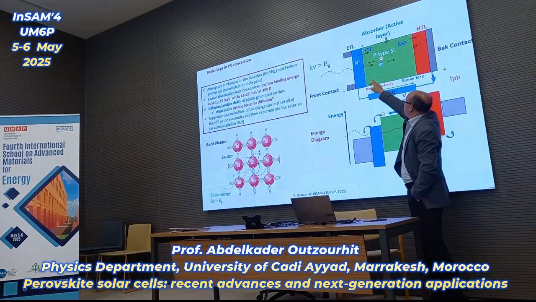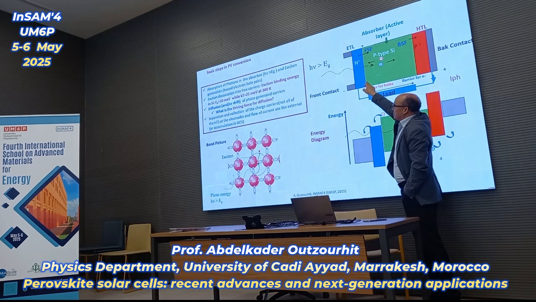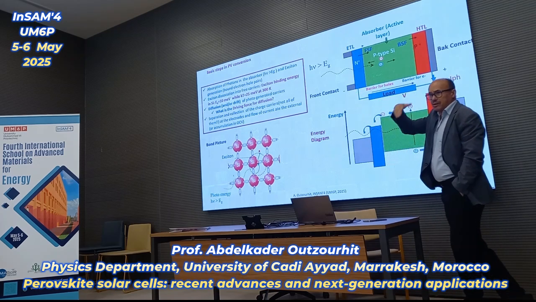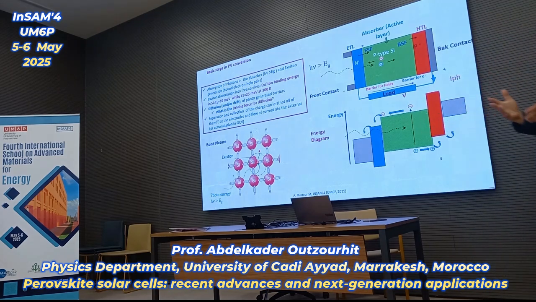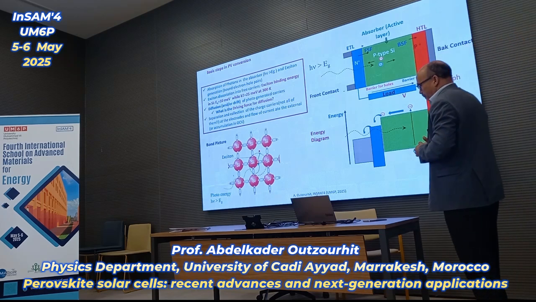What happens when you put in contact a P-type and an N-type semiconductor? You all know from your classes on semiconductors that you'll generate what we call a built-in voltage or an internal electric field.